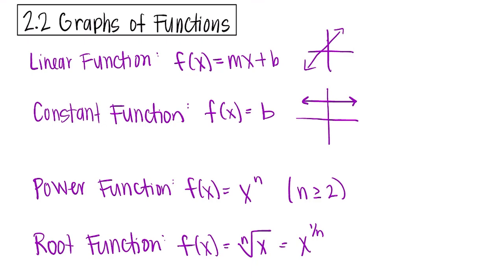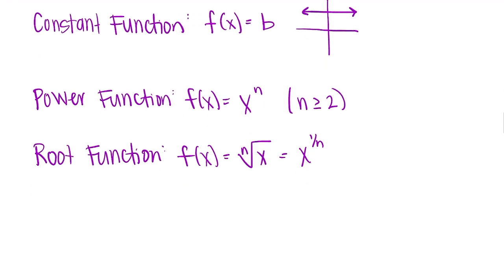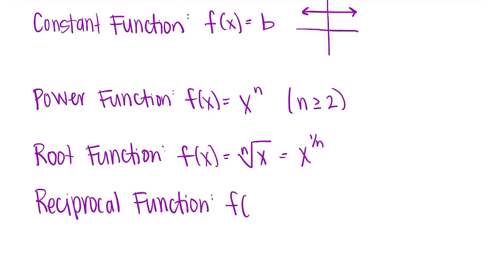Actually, I just realized there's 2 more types of functions that I didn't put on here. Because we had your linear function, power function, root functions. We have a reciprocal function. This is where it's just something like f of x equals 1 over x to the n.